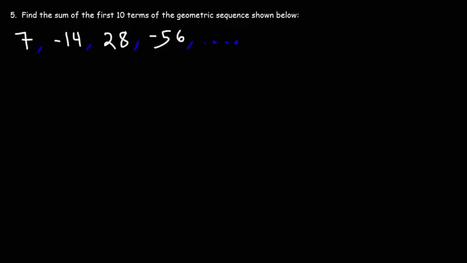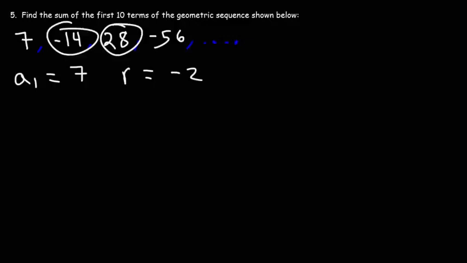Number 5. Find the sum of the first 10 terms of the geometric sequence shown below. So the first term is 7. The common ratio: -14 divided by 7, that's -2. 28 divided by -14 is also -2.